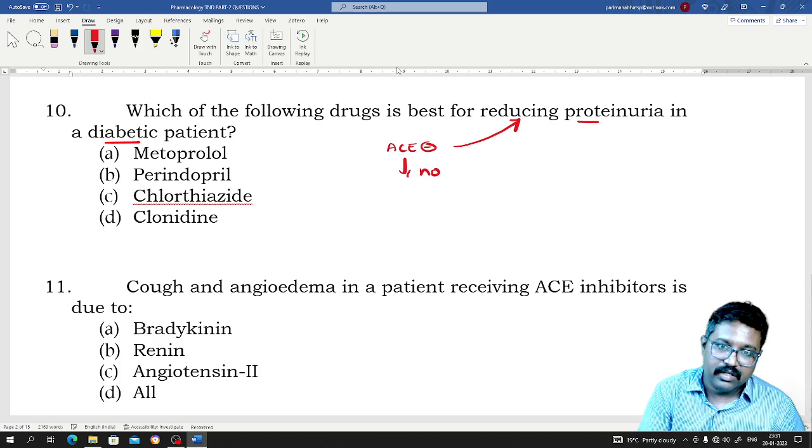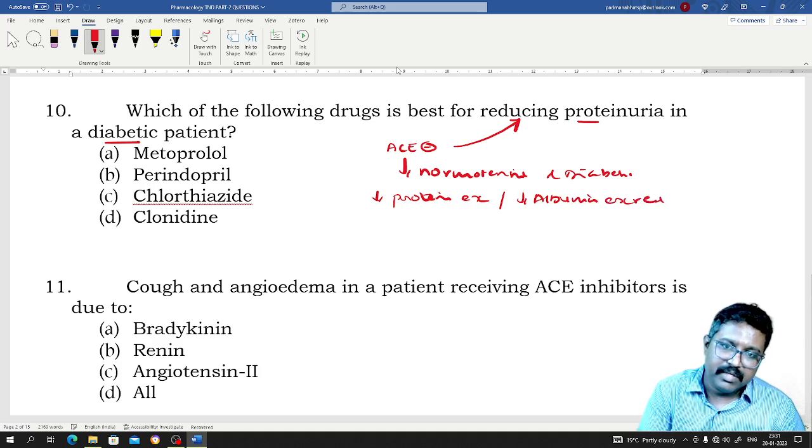So in case of normotensive and diabetic individuals, it is going to decrease the protein excretion. That means it decreases the albumin excretion, thereby it prevents the progression of kidney damage.